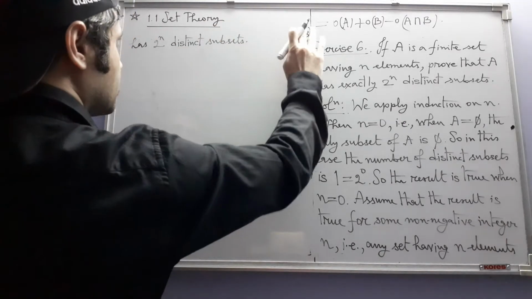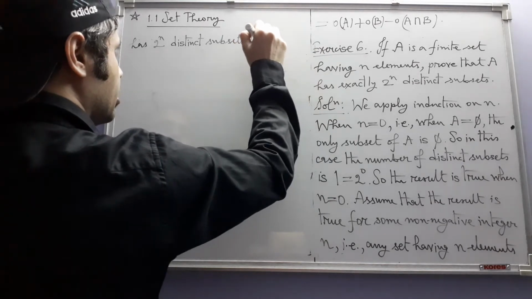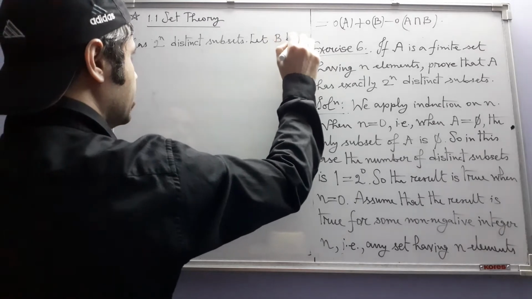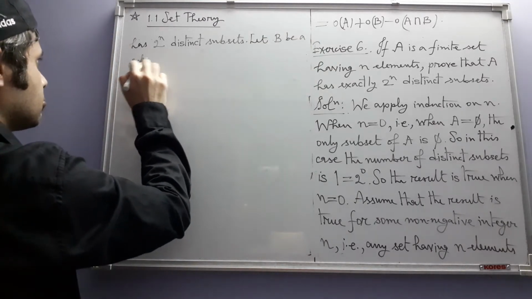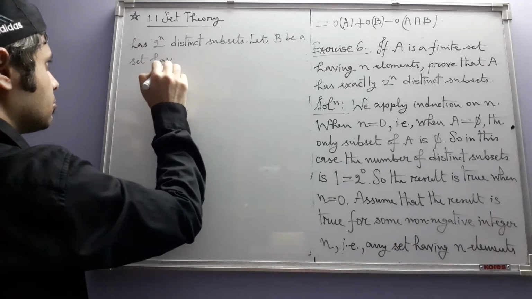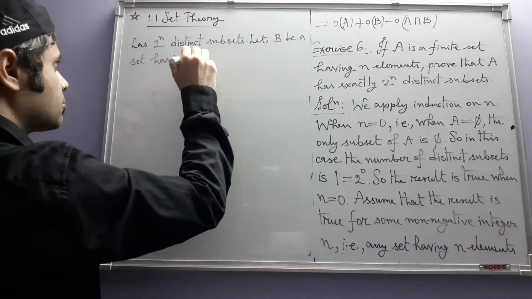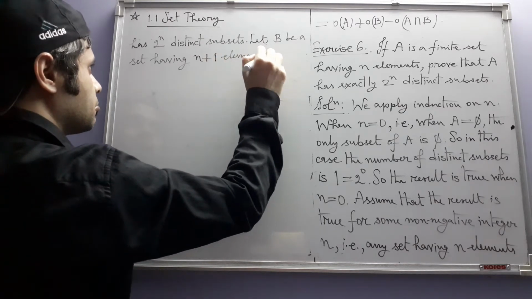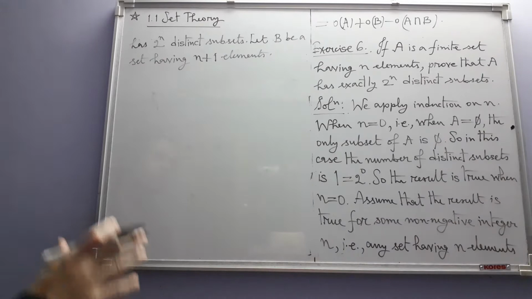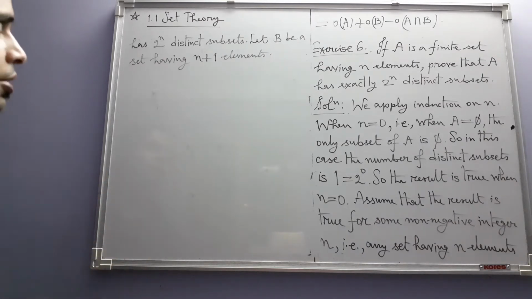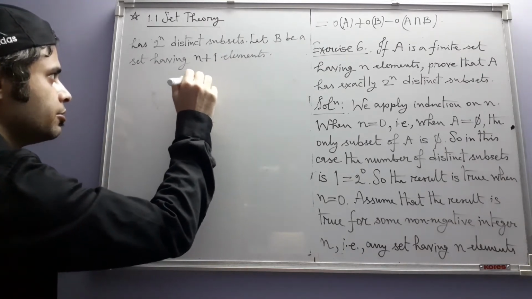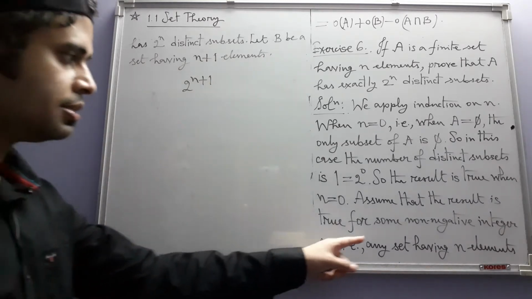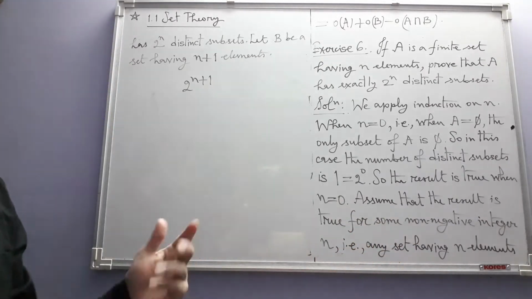Let B be a set having n plus 1 elements. Now we have to prove that the number of subsets of B is 2 to the power n plus 1. That's what our aim is, and this assumption is our induction hypothesis.